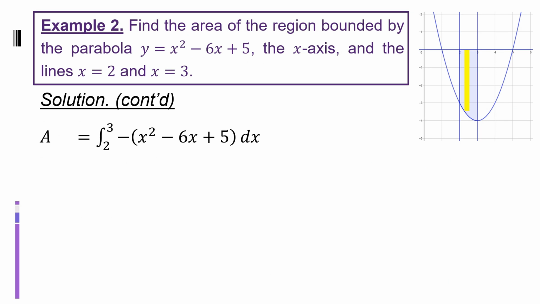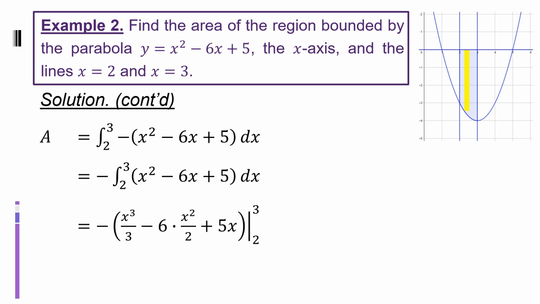Then, by properties of definite integral, pwede natin ilabas yung negative sign. So, we have the negative of the definite integral from 2 to 3 of x squared minus 6x plus 5 dx.